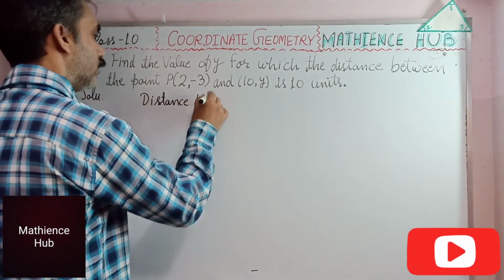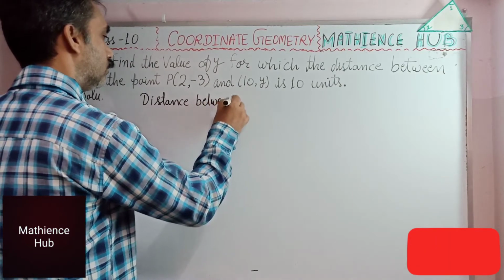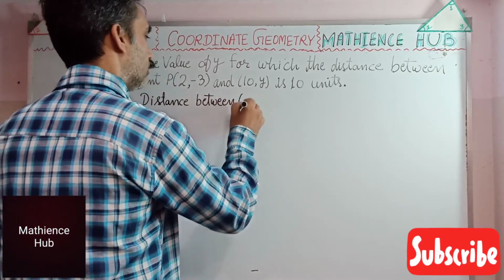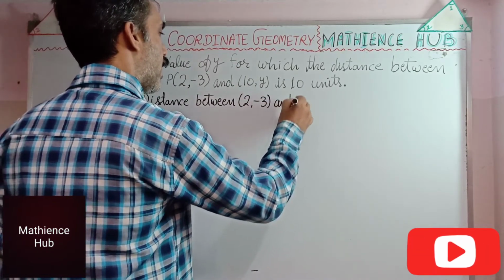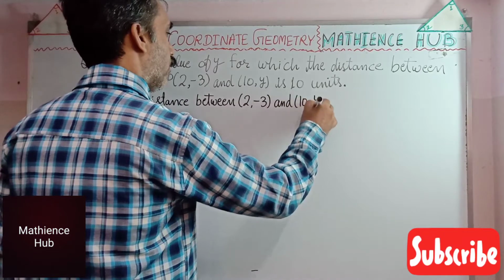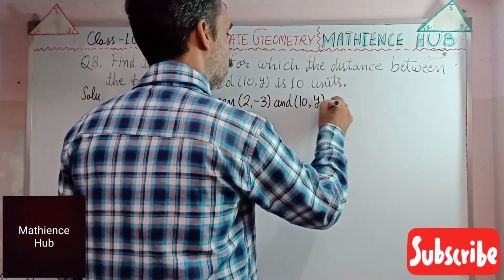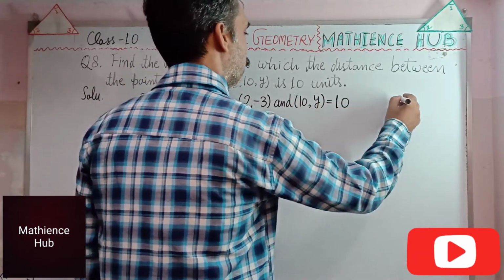Distance between (2, -3) and (10, y) is 10.